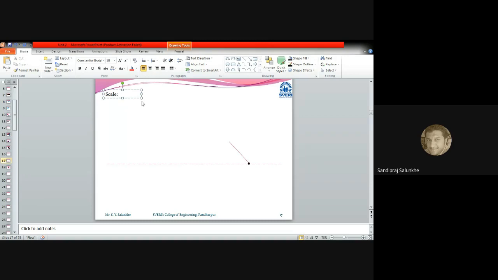It will be very small. If you draw that crank, it will be only 1 centimeter, which is too short. Shall we say 1 centimeter is equal to 0.2 meter?